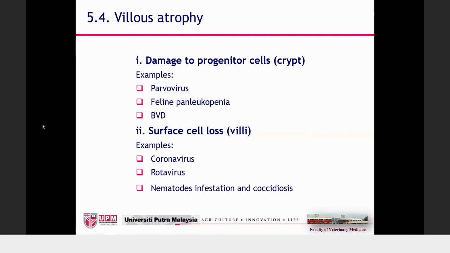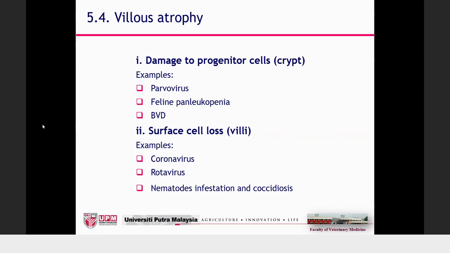So to remember the agent is important because from there you can understand the mechanism of villus atrophy, and the consequences of villus atrophy could be so many things. One of the consequences, of course, is that the animal will have diarrhea.